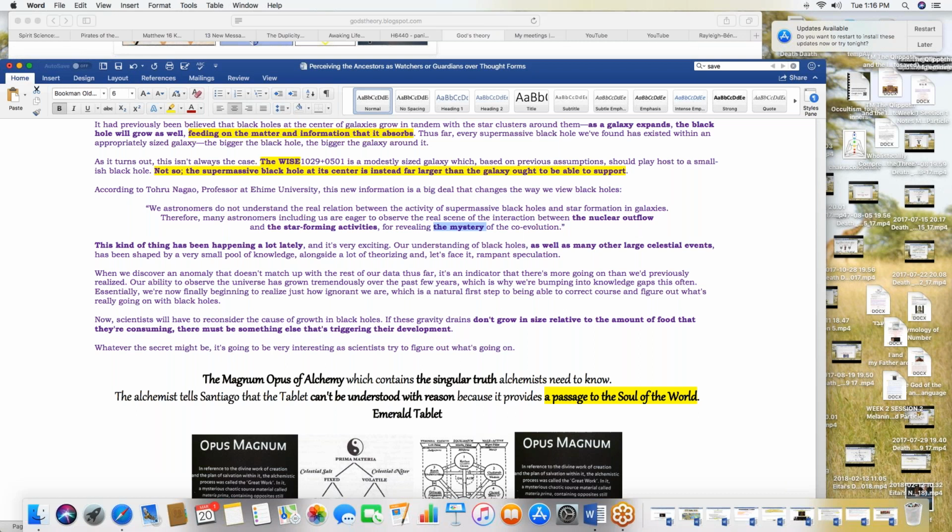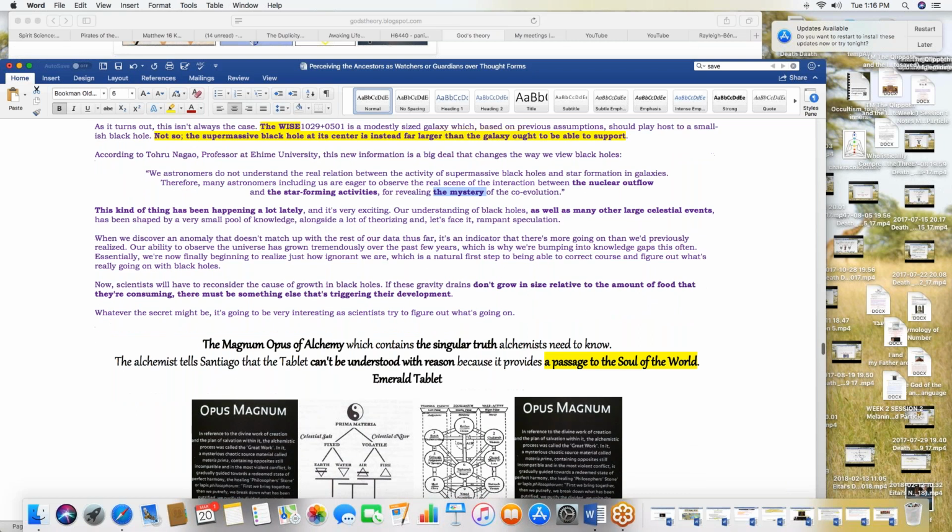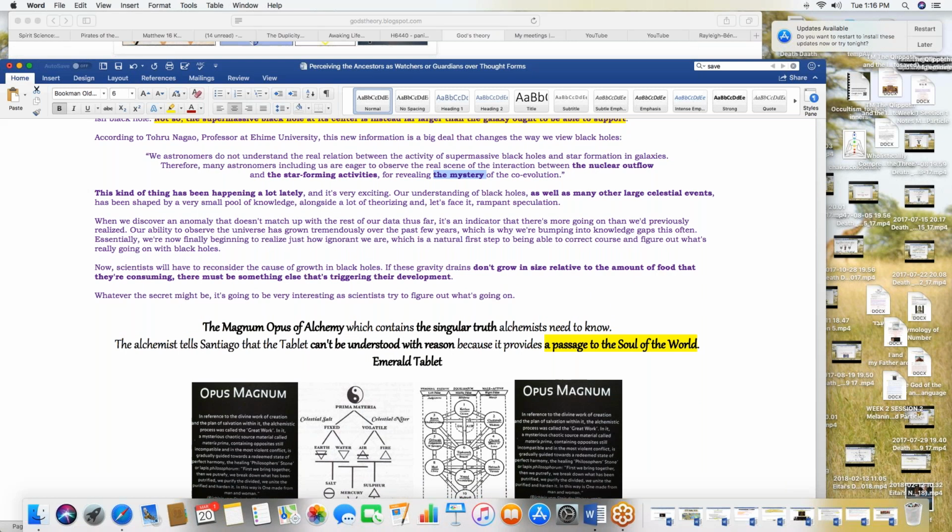That is greater than the solar reality. When we discover an anomaly that doesn't match up with the rest of our data thus far, it's an indicator that there's more going on than we had previously realized. And the more is you all, is us.